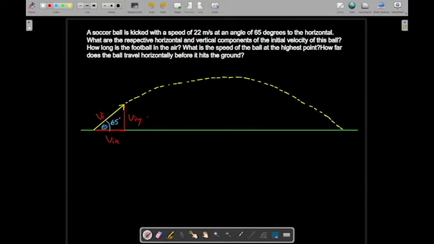The question is asking for both of these. So we need to know these two sides of the triangle.